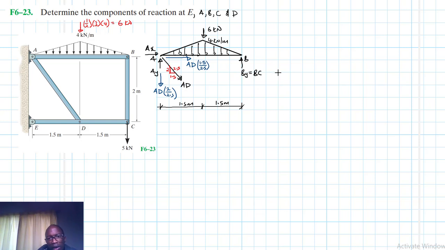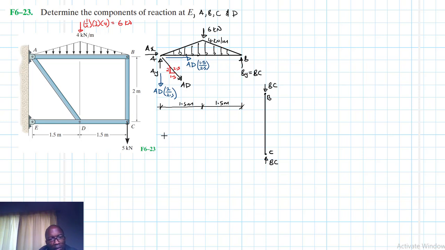And then we do have another member, which is this one. This point is B and this point is C. So here we are going to have the following reaction forces. This is equal to BC, and so is this one there. You can even call it C, no big deal.